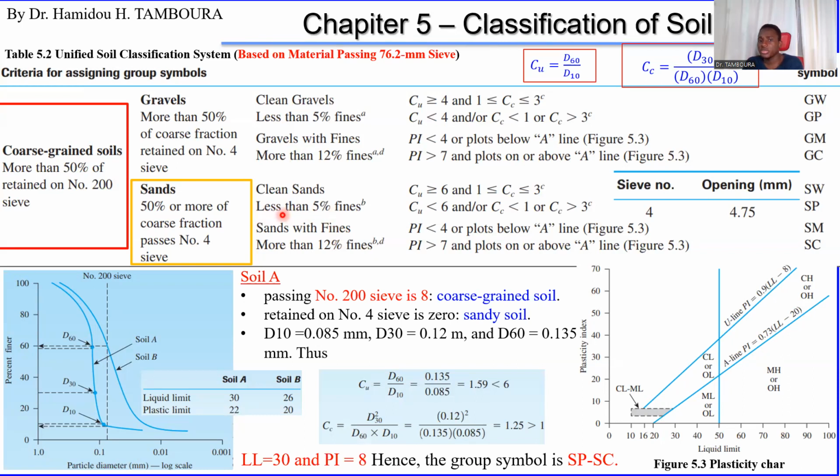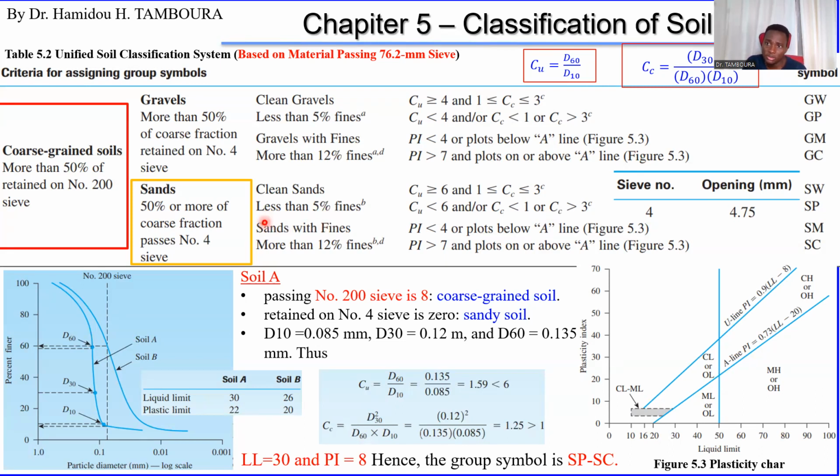If it is less than 5, then we are dealing with clean sand. If it is more than 12, then we have sand with fine. Okay, this is written here, sand with fine. Here is clean sand. But in our case, if we check what is the percentage of fine, the percentage of fine is just the percentage passing the sieve number 200.